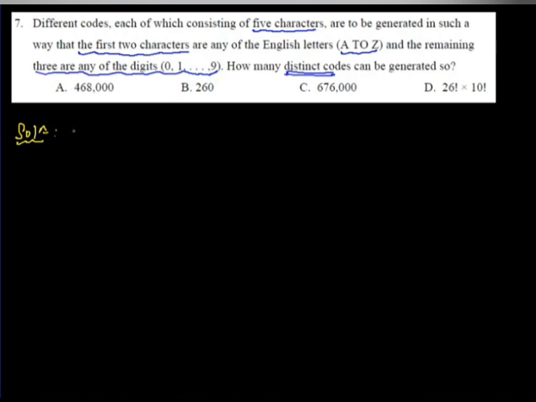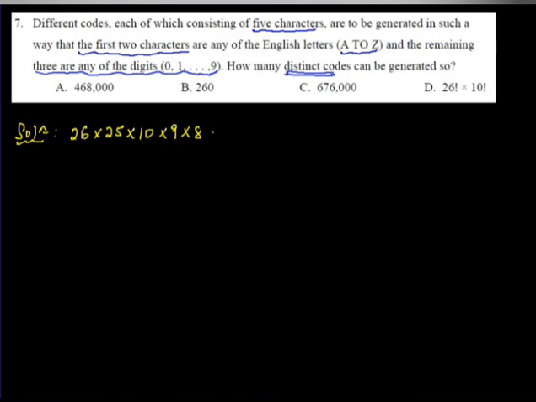If we want to make it distinct, we will have 26 possibilities on the first, then 25 to make it distinct. Then the rest are numbers. We use 10 numbers on the third position and 9 in the fourth and 8. Otherwise it will not be distinct.